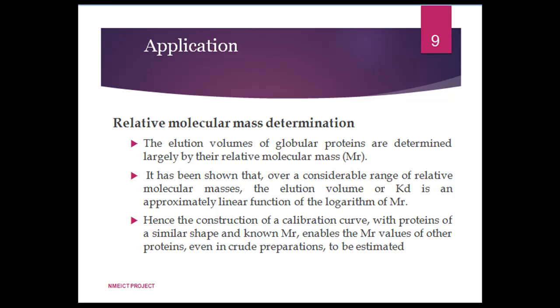It has been shown that over a considerable range of relative molecular mass, elution volume or Kd is an approximately linear function of the log of molecular weight. Hence, the construction of a calibration curve with proteins of a similar shape and known molecular weight enables the molecular weight of other proteins, even in a crude preparation, to be estimated.